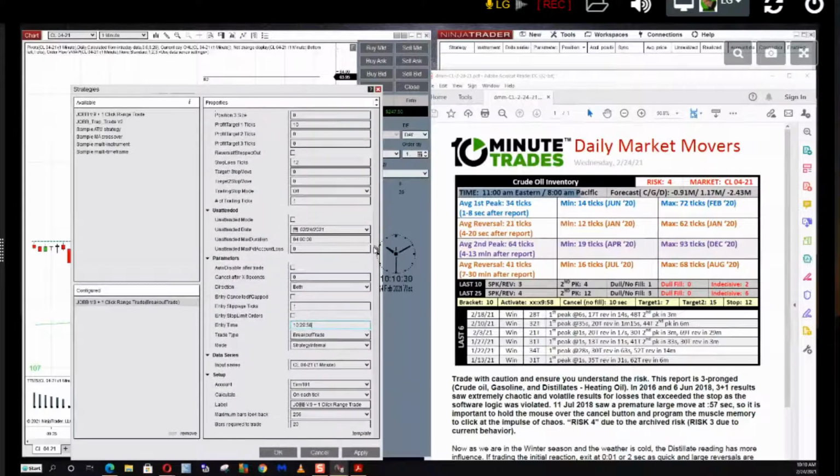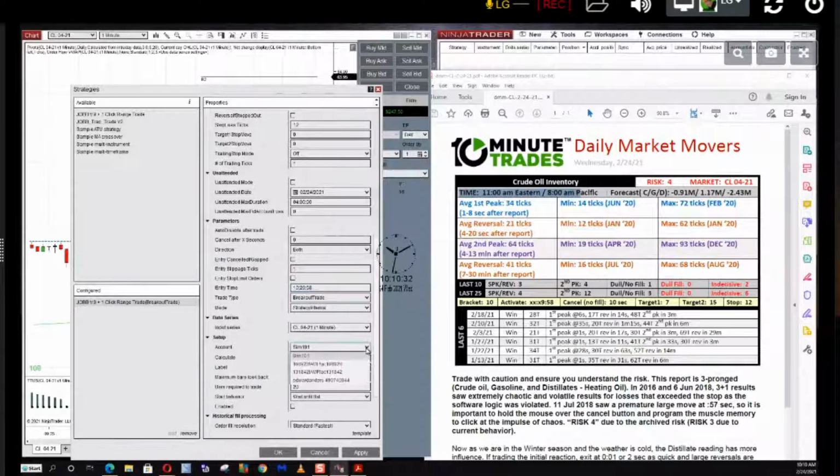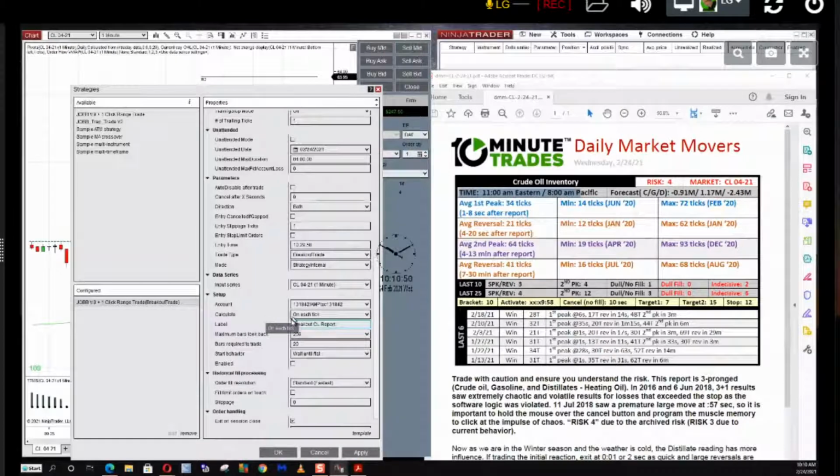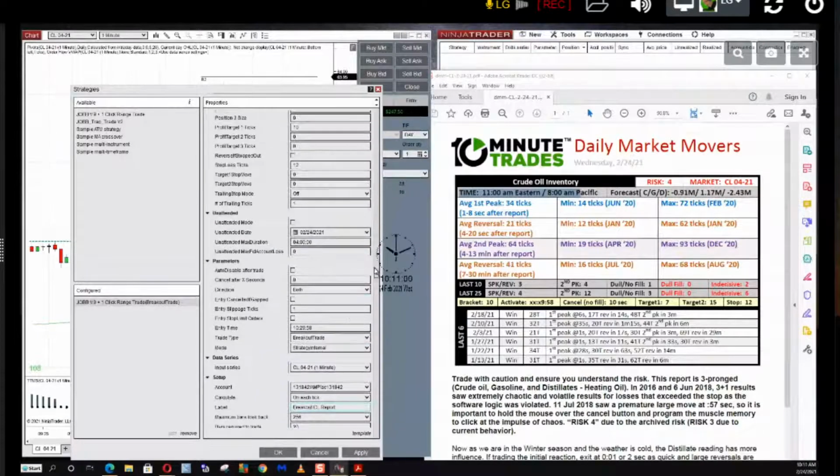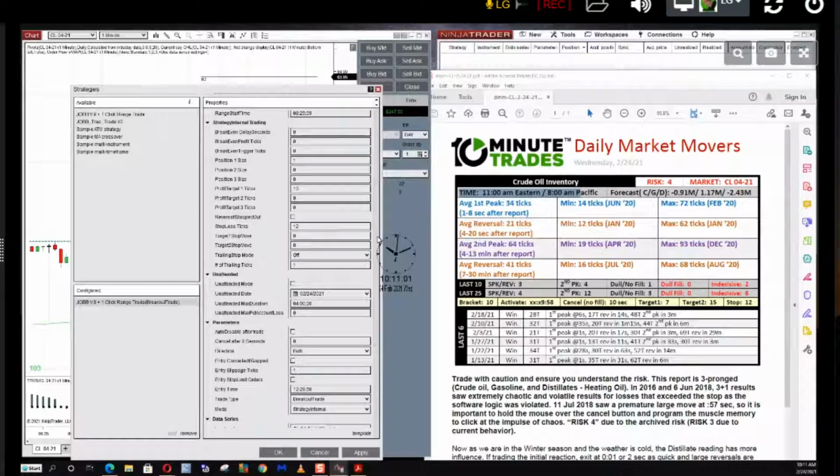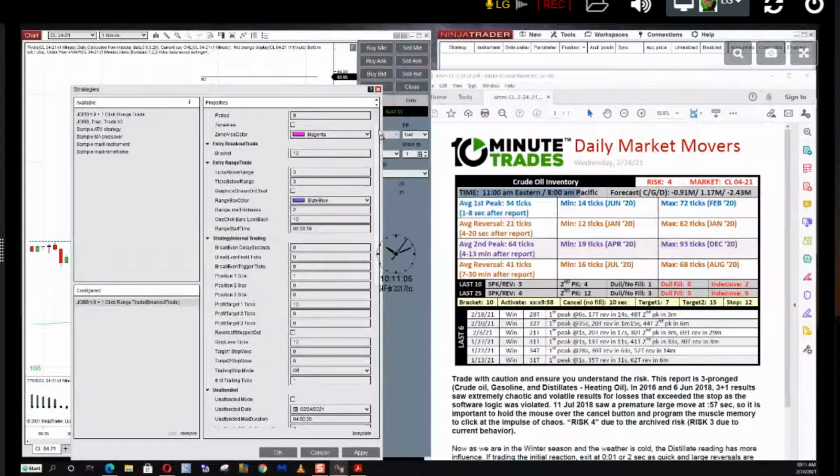That's our breakout time. Entry time 10:29:58. Just looking for one target of 10 ticks. Okay? One target, 10 ticks.